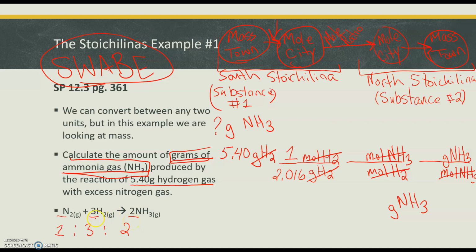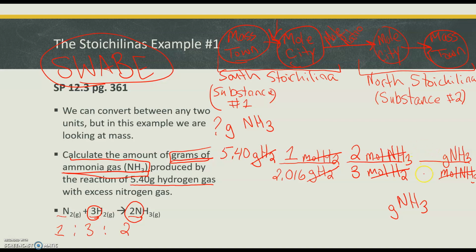Identify hydrogen gas. It has 3 moles. So we're going to put 3 here. Finding ammonia gas, it has 2 moles. So we put the number 2 up there to show our 3:2 ratio of hydrogen gas to ammonia gas.